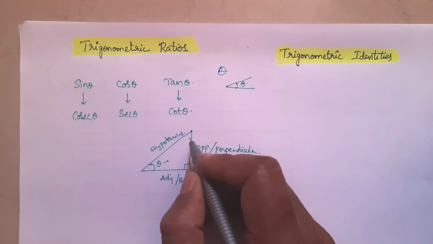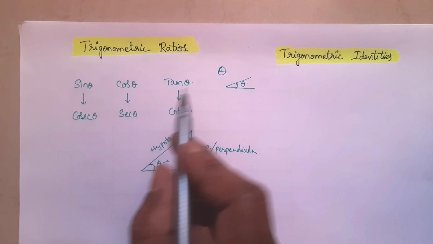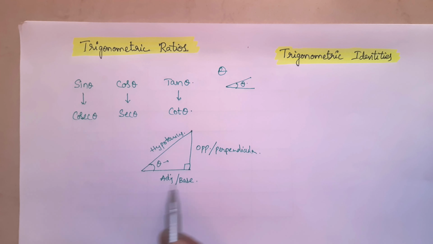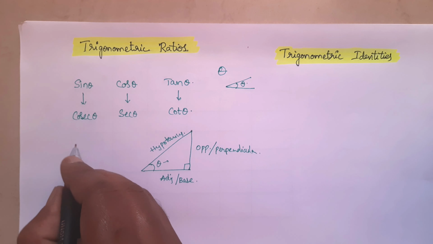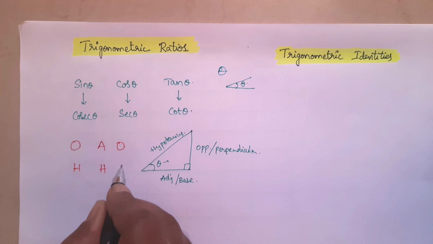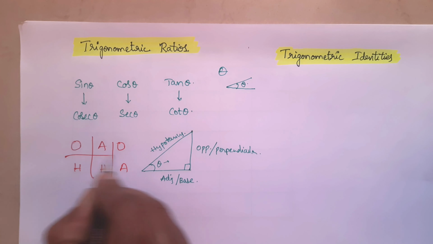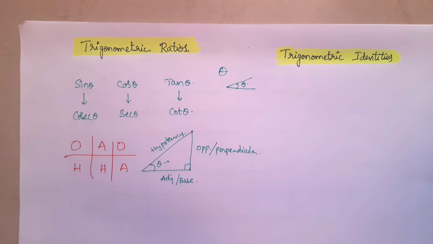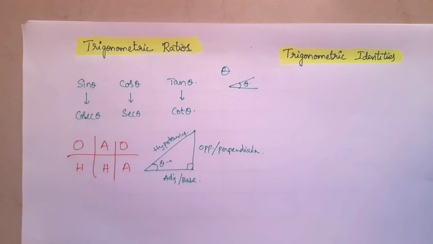Right. Now, how to describe sine, cos, tan, cosecant, secant, cot regarding this triangle, I will give you a formula: OAOHHA. OAOHHA represents the trigonometric ratios.